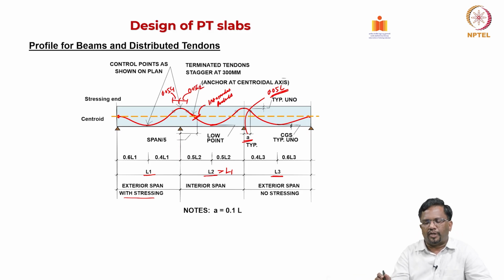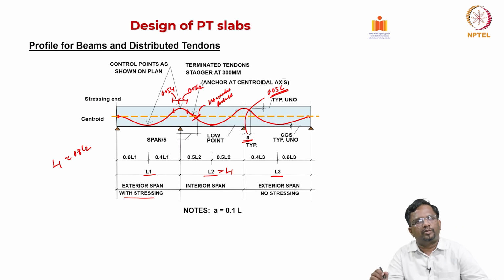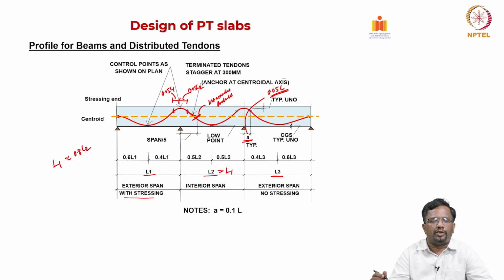In this way you choose your reverse parabola, and these are the points of inflection, right. And again, as we said, the L1 exterior span we will try to approximately keep as 0.8 times L2, right. So, all these things we have discussed.